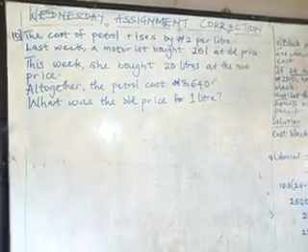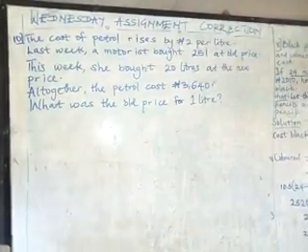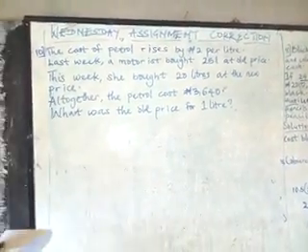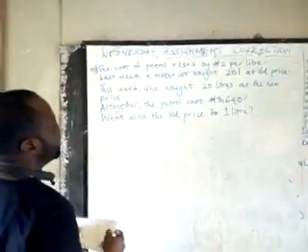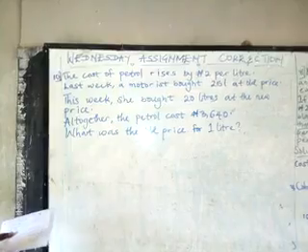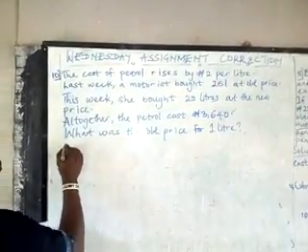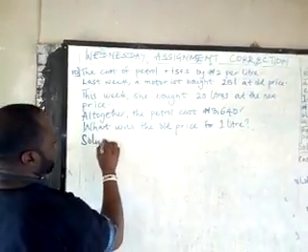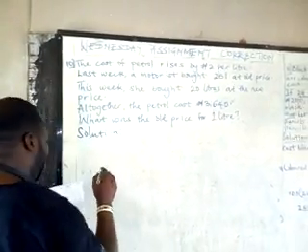What was the old price for 1 liter? This is very simple. The first thing you need to determine is the old price. Are you getting it now? The old price will now be our solution. What will be our old price?